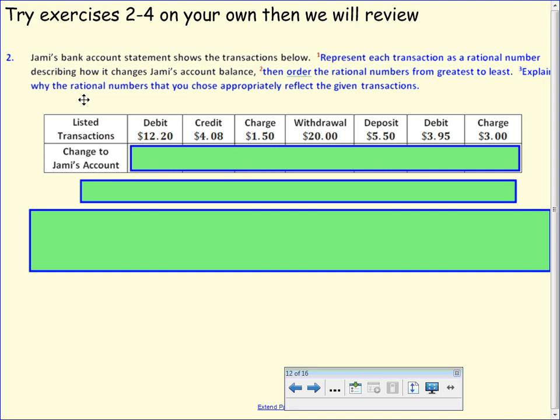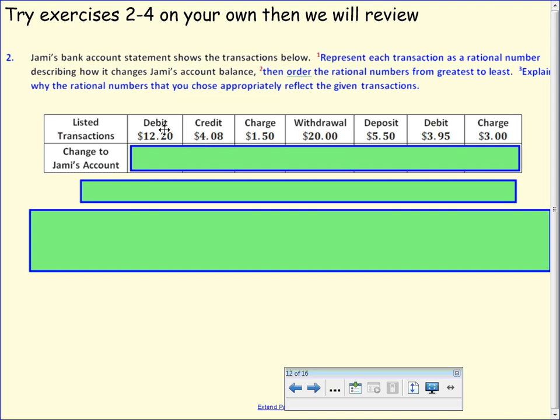Jamie's bank account statement shows the transactions below. Represent each transaction as a rational number, describing how it changes Jamie's account. Did it change it by increasing to a positive number, or did it change it by decreasing, which would have been a negative number? So I see words here like debit.